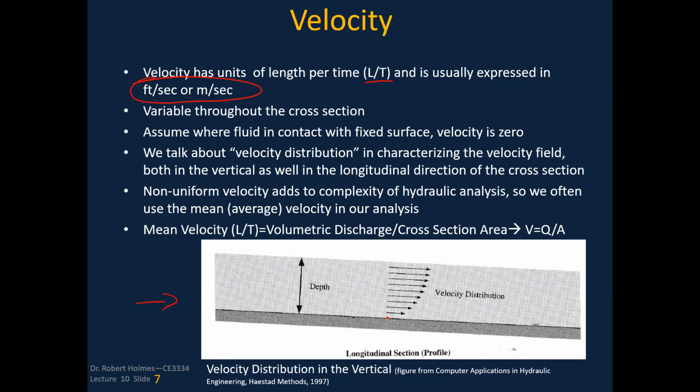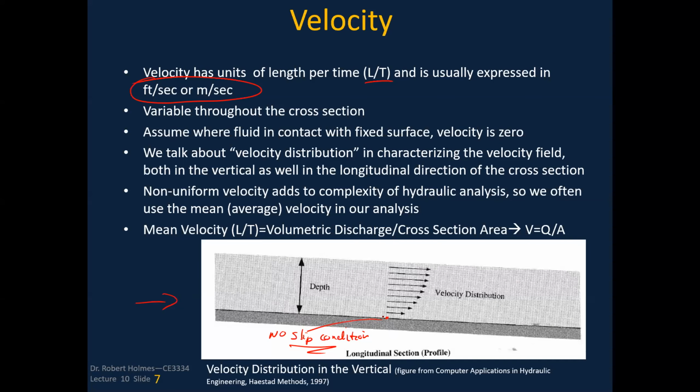This is what's called a no-slip condition on the velocity assumption here, that right at the location where the bed and the water intersect, the velocity is 0. We talk about that as a no-slip condition.